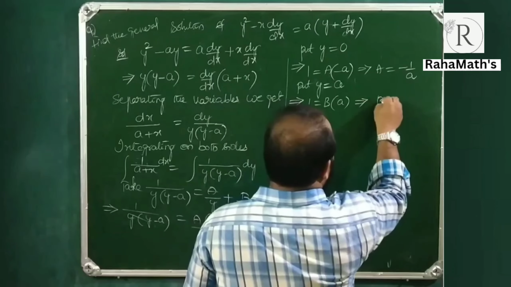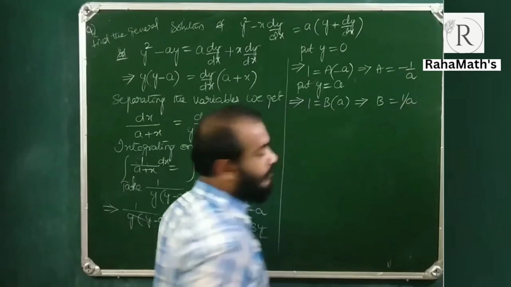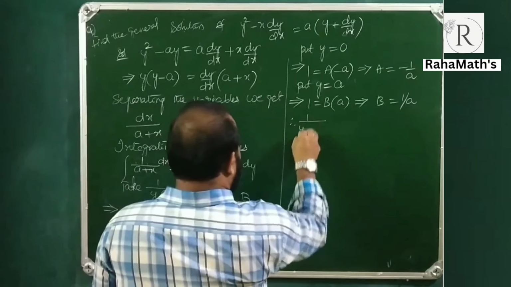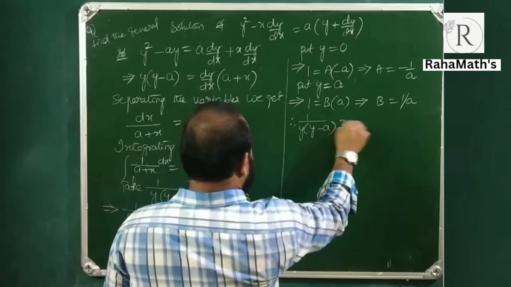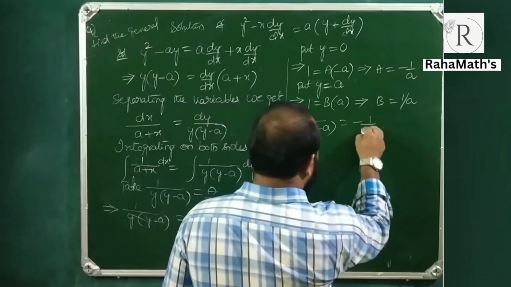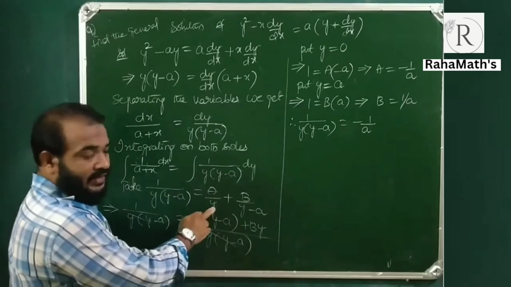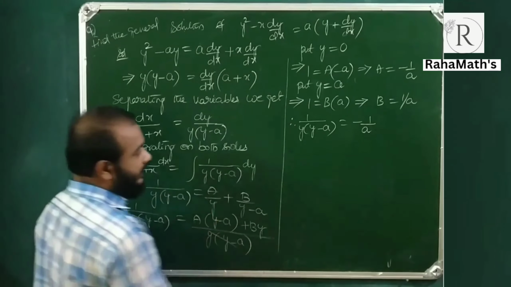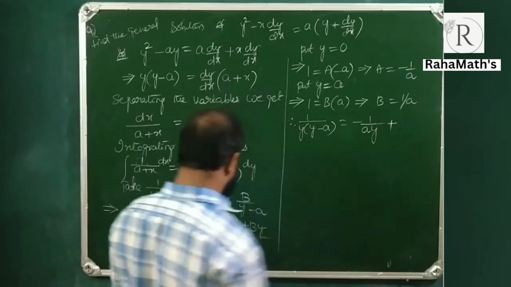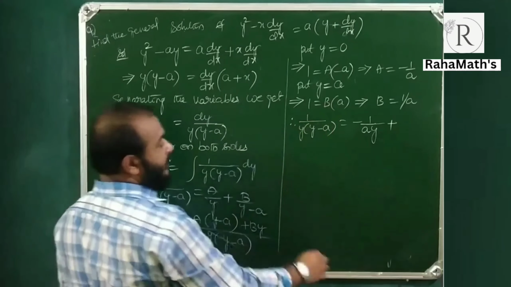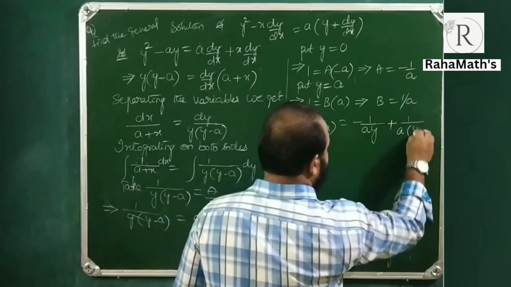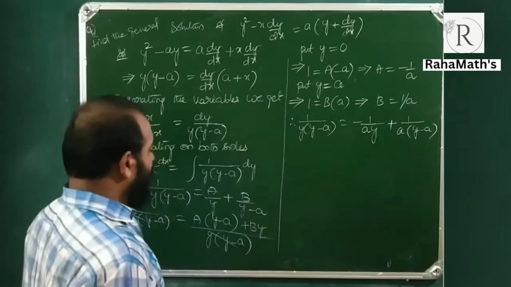So B is equal to 1 by a. Therefore 1 by y into y minus a is equal to A by y plus B by y minus a, that is minus 1 by a into y plus 1 by a into y minus a.